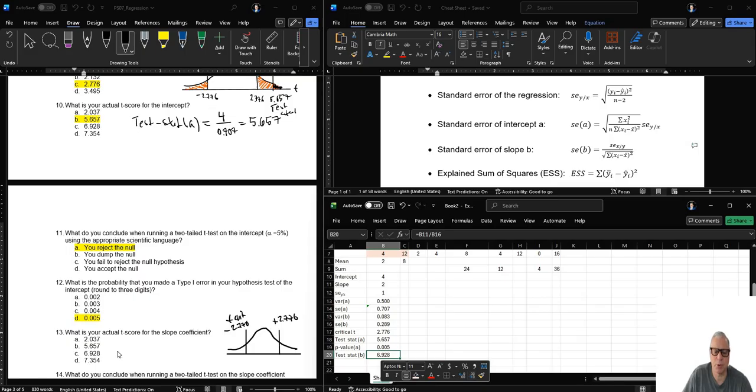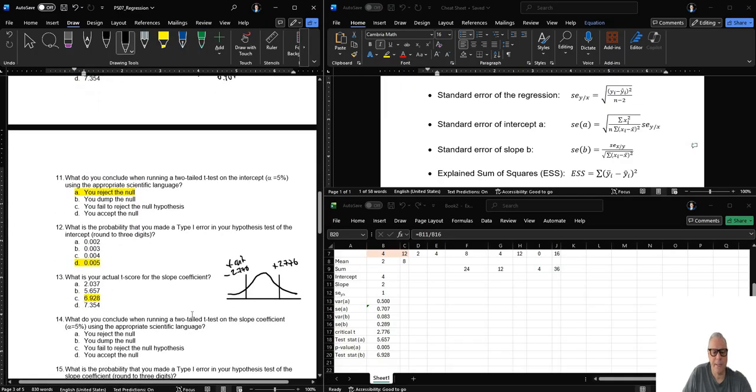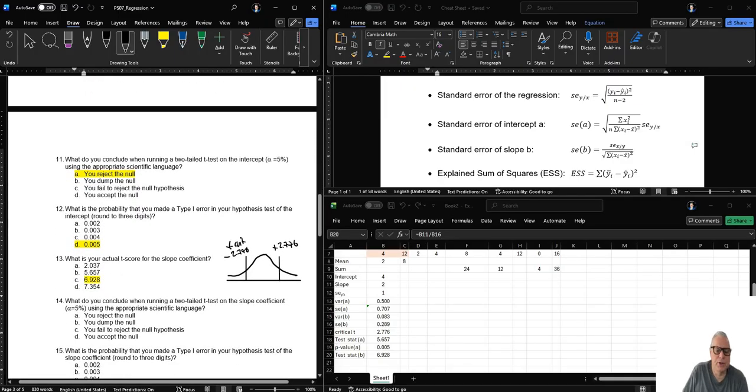So that is 6.928. So that is also deep in the rejection zone. This suggests that our slope is very, very significant. So that also falls deeply into the rejection zone. So our test statistic is 6.928, and that is our t-test stat.